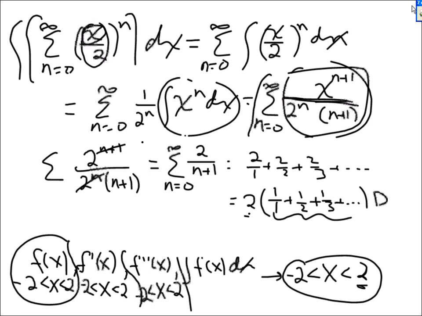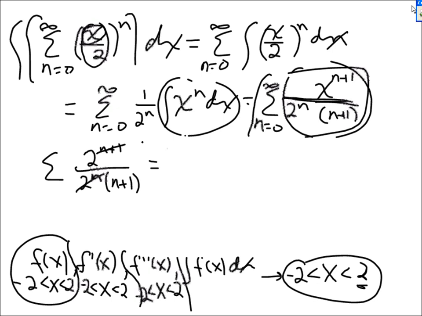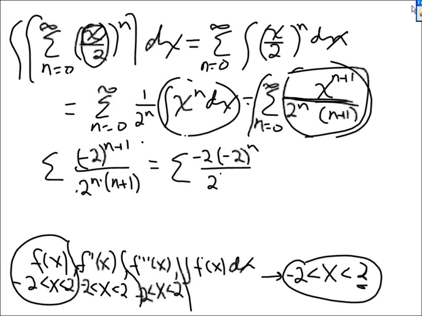What about negative 2? What if x were negative 2? If x were negative 2, you would have negative 2 to the n plus 1 over 2 to the n. I will break off a negative 2 in the numerator. So we have negative 2 times negative 2 to the n over 2 to the n times n plus 1.